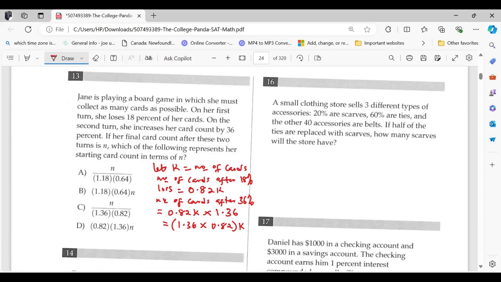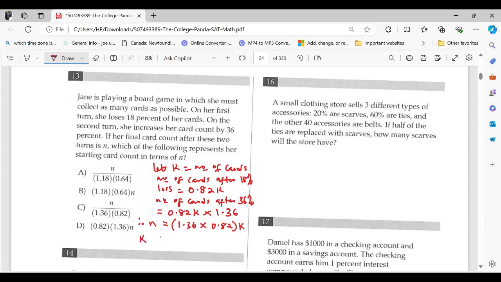And they now say that if our final card count after these two turns is n, so we are saying that therefore n is this, which of the following represents her starting card count in terms of n. So make k the subject, so you will now write in terms of n.